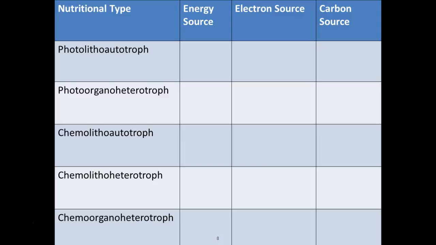And remember I said, each one of these, energy source, you have 2 choices. Electron source, you have 2 choices. Carbon source, you have 2 choices. So I should actually have a greater number of combinations here, right? 3 times 3 times 3 would be what? Can't think of how many different combinations. But why do I only have like 5 written here?